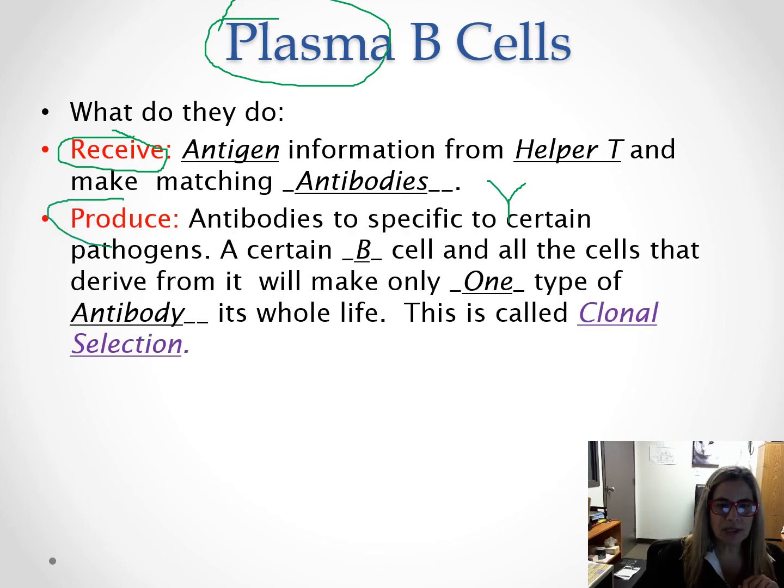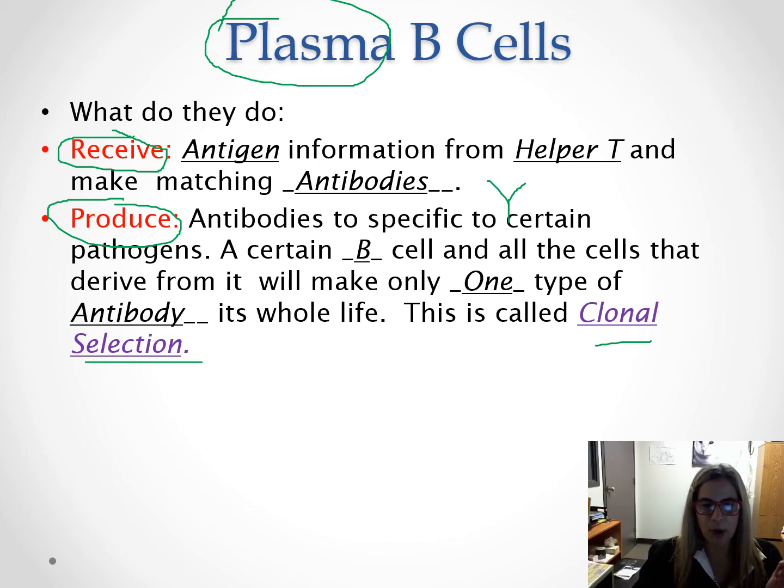They produce antibodies specific to certain pathogens. All B cells, and all the cells that will be made after that from that original B cell blueprint, are going to make only one type of antibody, and we call this clonal selection. Once a B cell has that blueprint from a helper T of the antigen of the pathogen, there's no such thing as it switching and making different antibodies now.